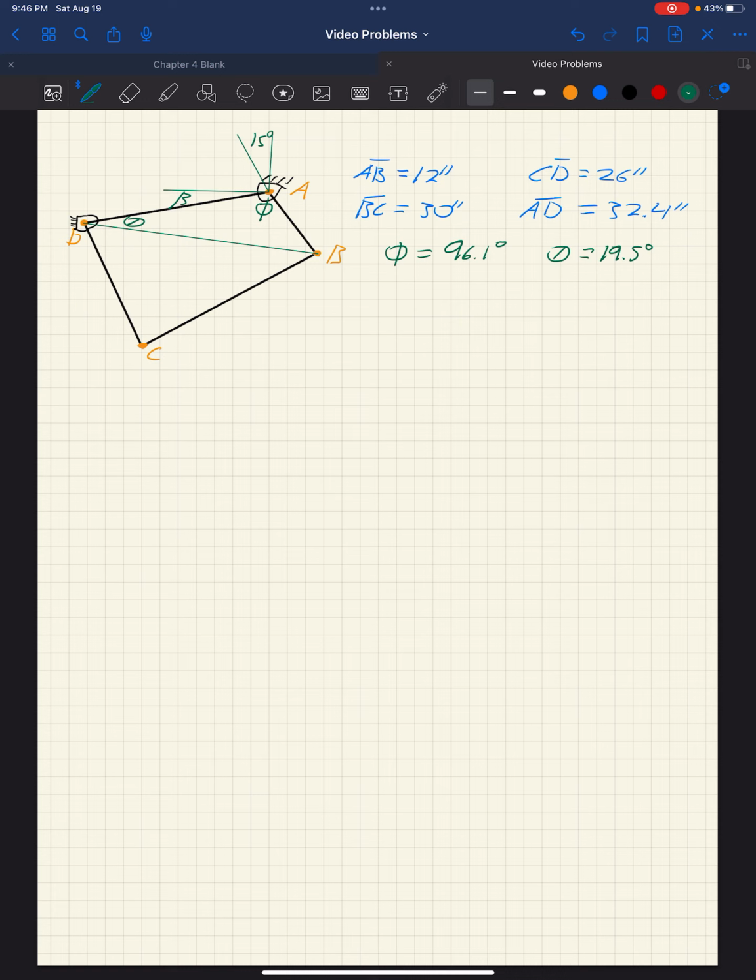So let's look at solving the other angle down here. We'll call this angle alpha. So if we were to solve alpha, what are we going to be needing?